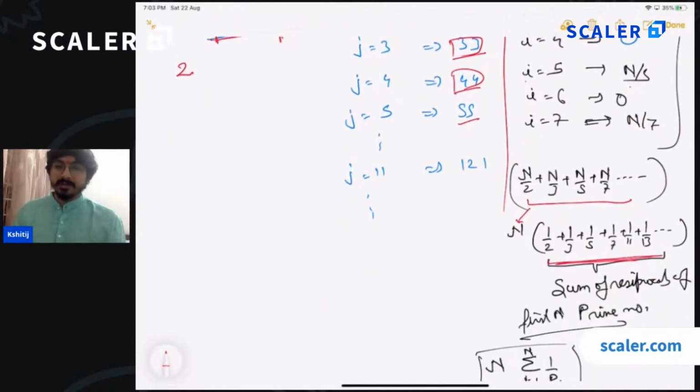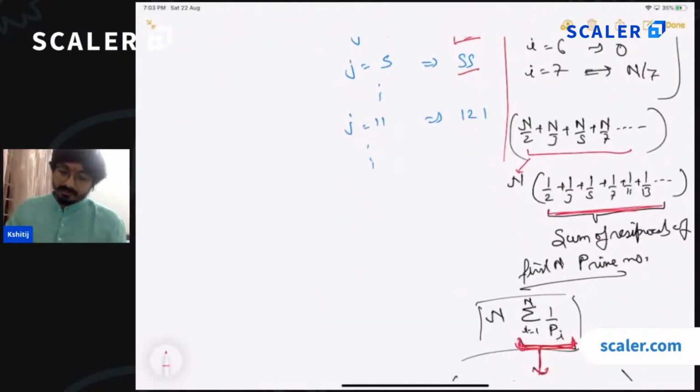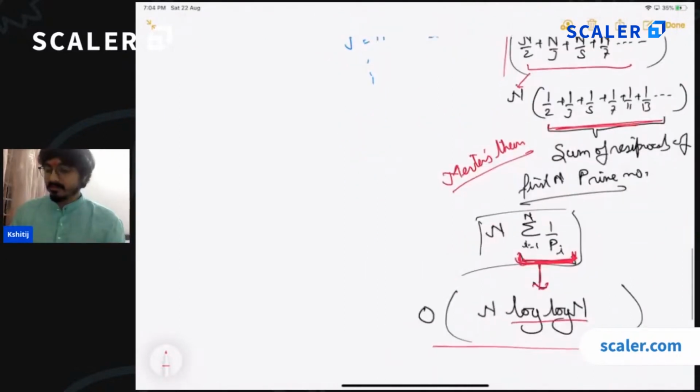And if you apply Merten's theorem, if you are aware of it, you will know that the sum of reciprocal of all the prime numbers can be approximated as log of n. So that is why the time complexity of Sieve's algorithm is order of n log n.